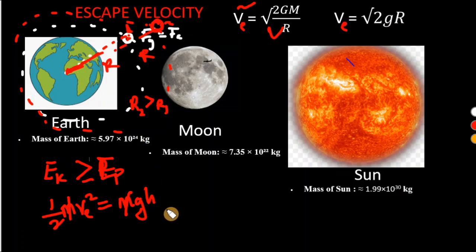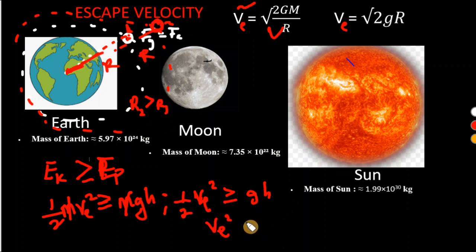So now we have that this is half v a squared greater than or equal to gh, so that v a squared is greater than or equal to 2gh. And we quickly see that v is greater than or equal to root 2gh.